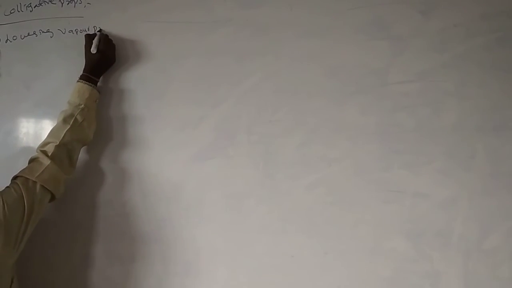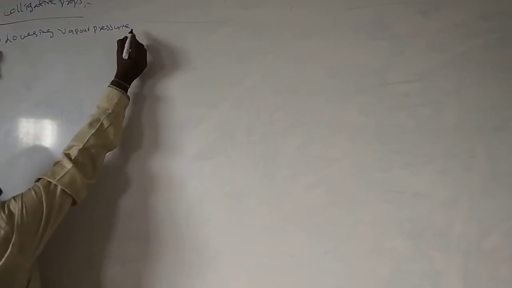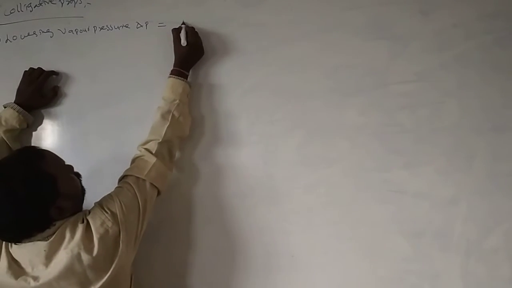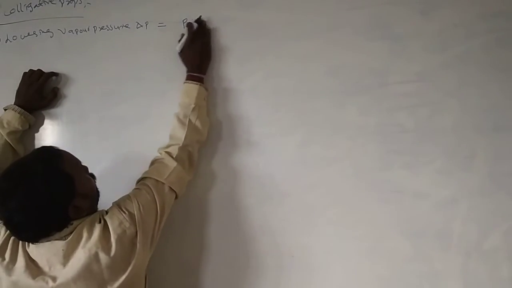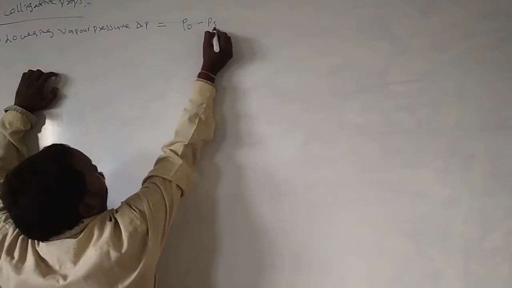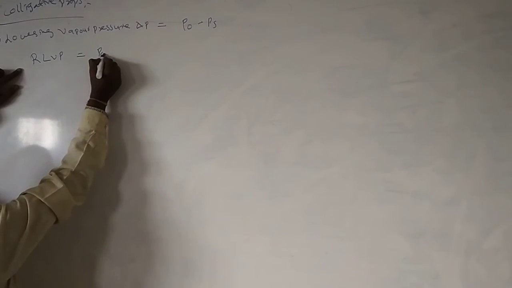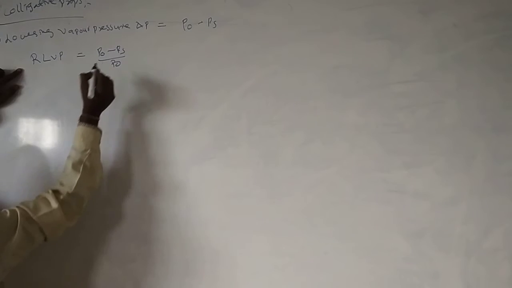Next, colligative properties. The first colligative property is lowering of vapor pressure, indicated with P0 minus PS. Relative lowering of vapor pressure is P0 minus PS by P0.